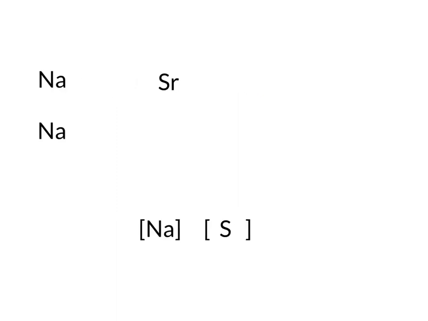Our final example was sodium sulfide. So sodium has 1 valence electron, while sulfur has 6 valence electrons. There were 2 sodiums and 1 sulfur, so that is 8 valence electrons total, 2 plus 6.